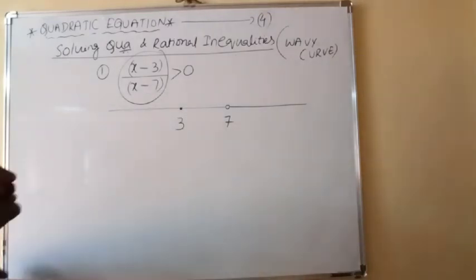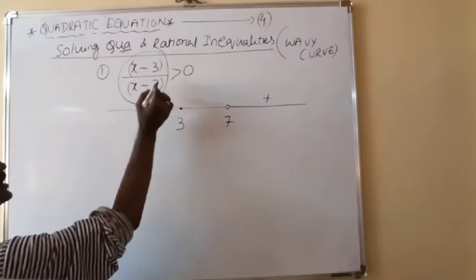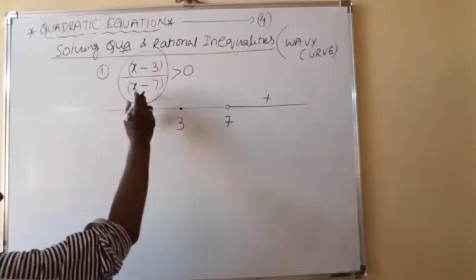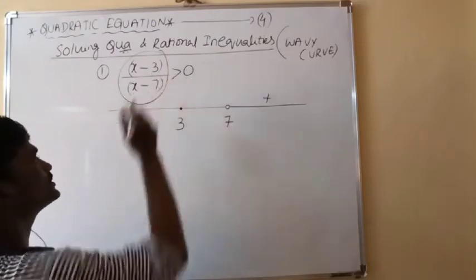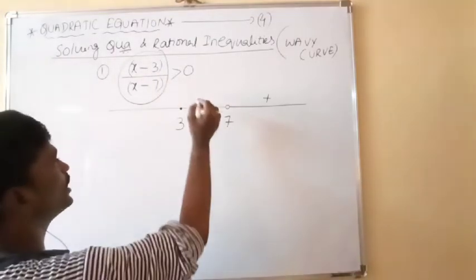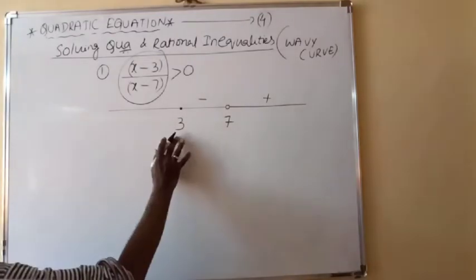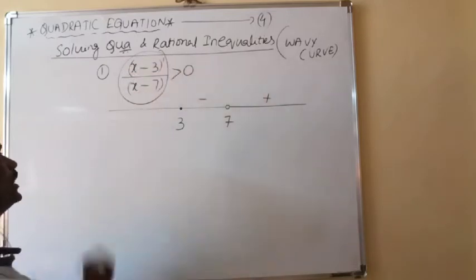Now as usual, here you keep plus sign. Now your x minus 7 whole power, how much is there? Because we got 7 because of the factor x minus 7. Okay, so x minus 7 whole power, how much is there? 1, odd number. Then we have to change the sign. You will get minus. Next, 3 is a root because of x minus 3. So whole power, how much is there? 1.